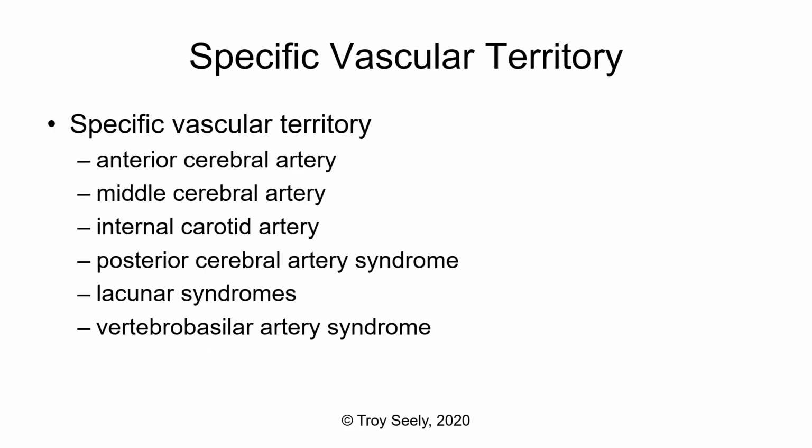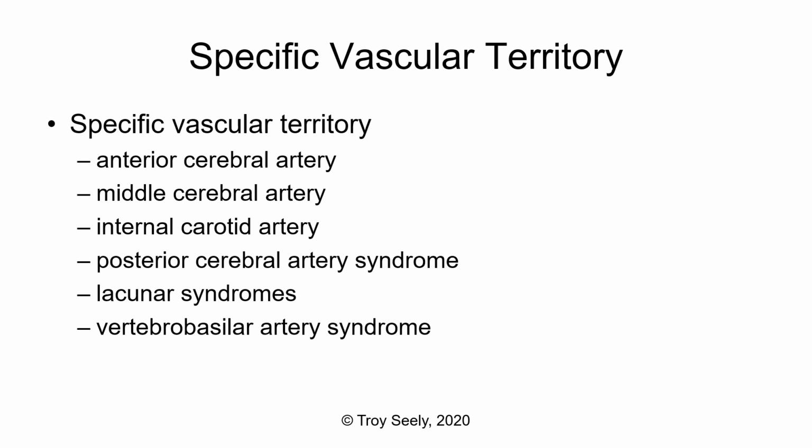So going forward again, we can categorize a stroke based on etiology, based on severity, and the final one is related to specific vascular territory. These would be examples of different regions in the brain where an artery can be compromised, and by that artery being compromised, that affiliated region of the brain will also be affected.